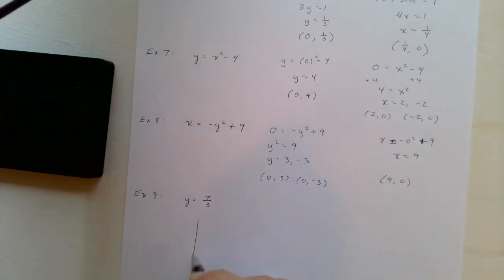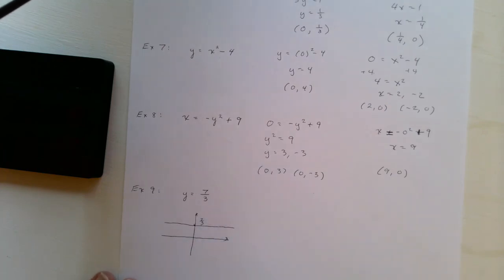Once again, it's probably easiest just to graph this and see what's going on. Here's 7/3. The horizontal line has no x-intercepts, and there's one y-intercept. So the y-intercept is just at (0, 7/3), and that's about it, right? Because if you say y equals 0, you get 0 equals 7/3. That's false, right? So there's only one y-intercept here.